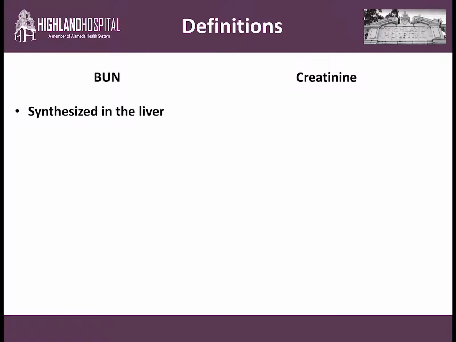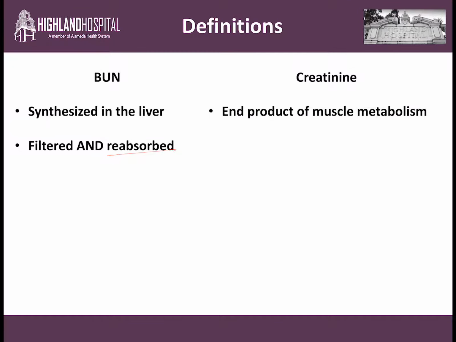BUN is synthesized in the liver, and remember, it's filtered and reabsorbed. Meanwhile, creatinine is the end product of muscle metabolism, and it's filtered and secreted. Let's remind ourselves what that actually means.